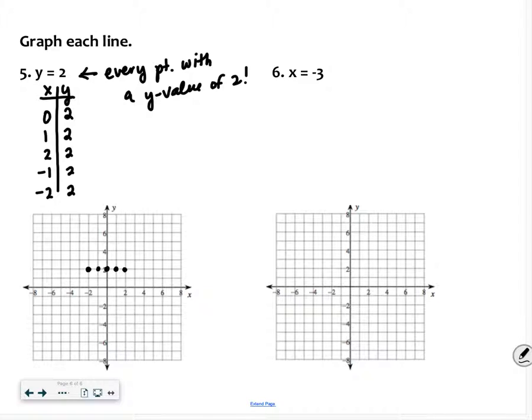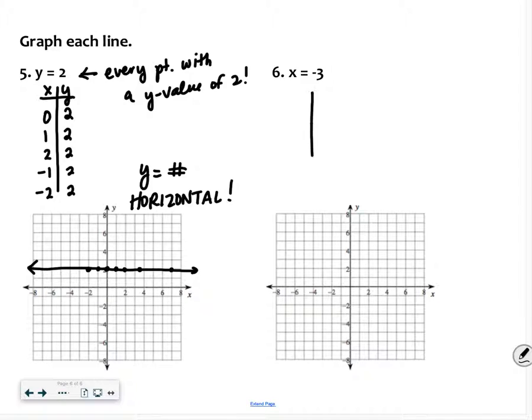I could have pi, 2. I could have 7, 2. Anything that I want. So it creates a horizontal line. So when you have a y equals a number equation, this is a horizontal line. And the reason is because it has every single point that has a y value of 2.